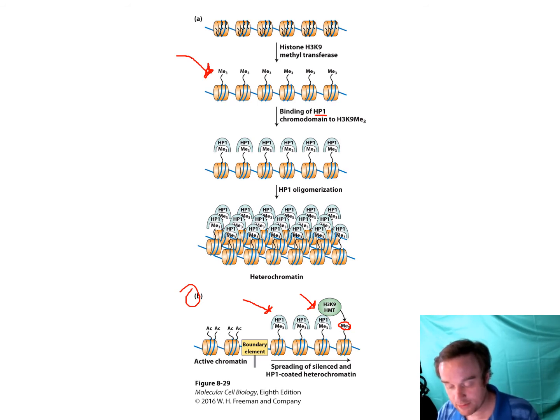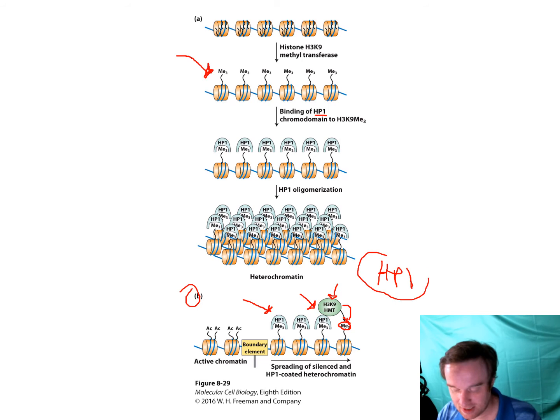So this HP1 can recruit this complex of H3K9 and HMT, and it will methylate the next histone down. And once that occurs, that will allow another HP1, which is not shown here, but I will draw poorly one, this mega-sized HP1, to come in and bind to that methyl group.